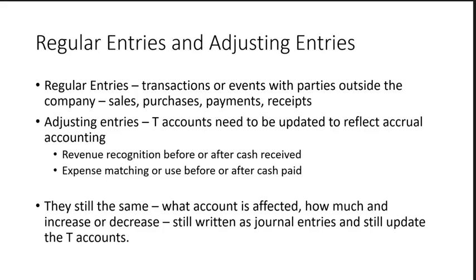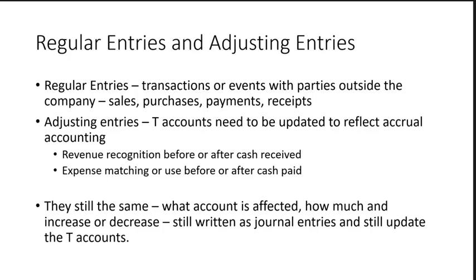But these usually are not transactions with an outside party, meaning we're not going to have a document, electronic or physical, that is going to remind us to make these entries. These are the ones that are easy to forget. They usually require a little bit more calculation, a little more thinking. These are the ones that cannot typically be done automatically by the computer.